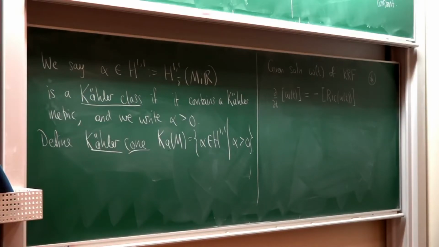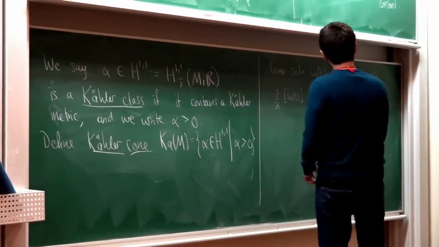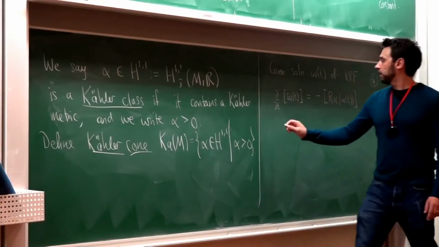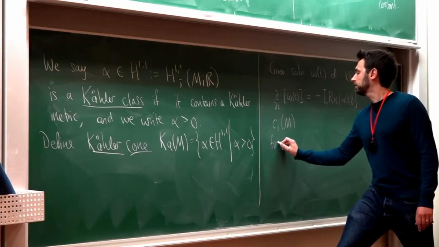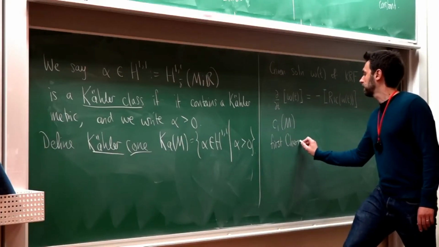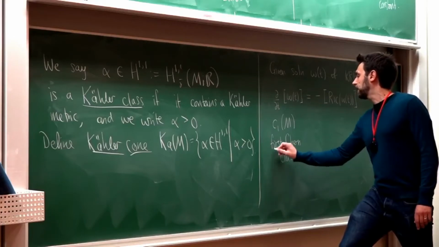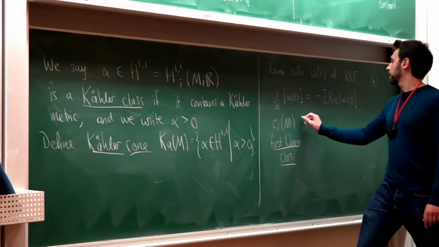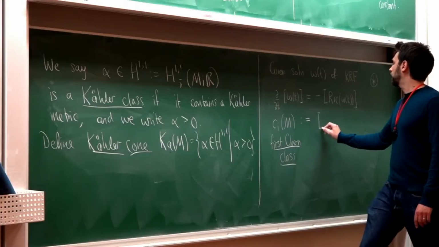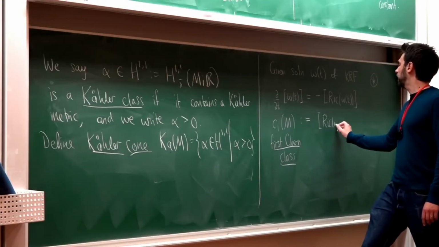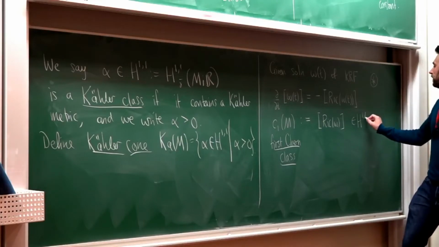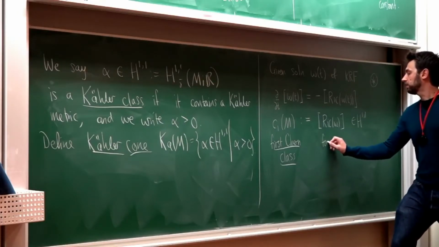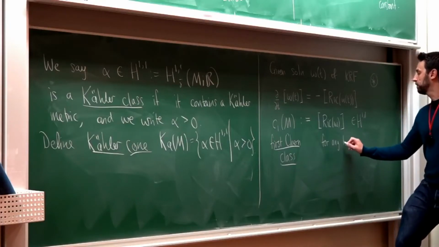Sorry, no, I shouldn't write that. Its cohomology class is an element of H11. In fact, it's a rather special one. It's called the first Chern class. So this is the so-called first Chern class. So the first Chern class I can take by definition is simply the Ricci curvature of omega, for any Kähler metric omega.